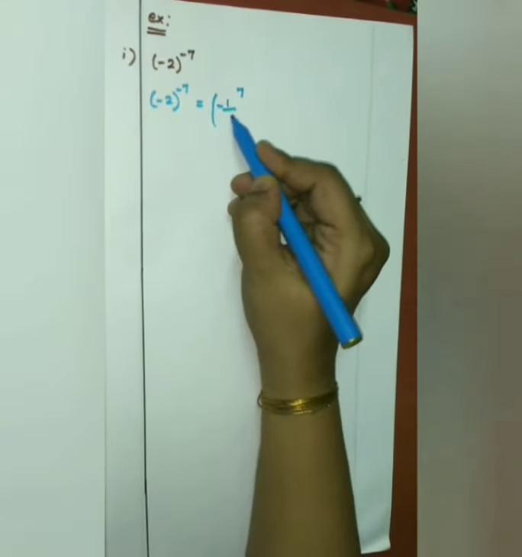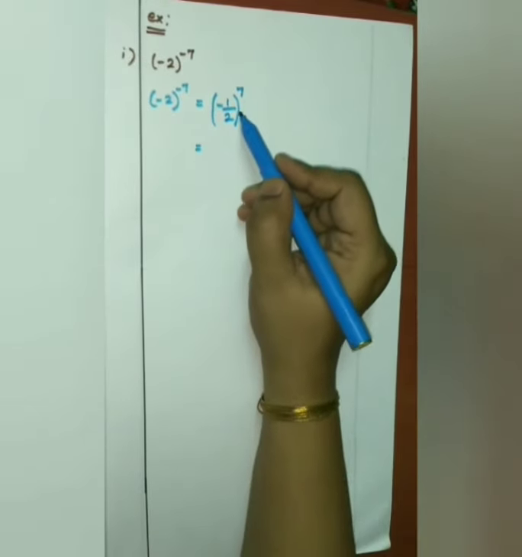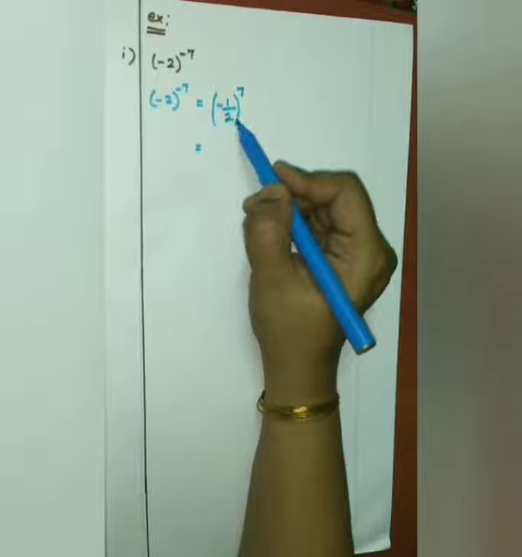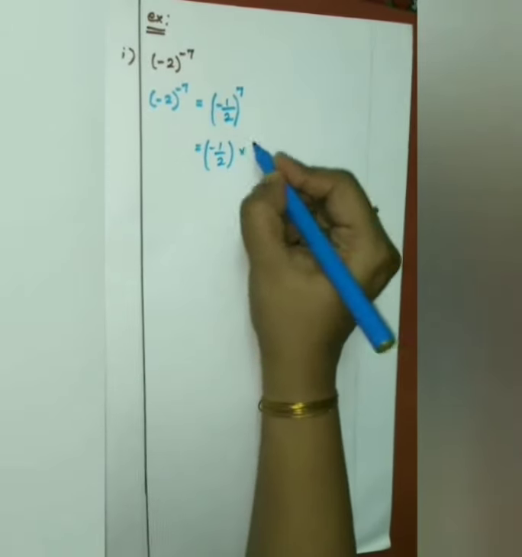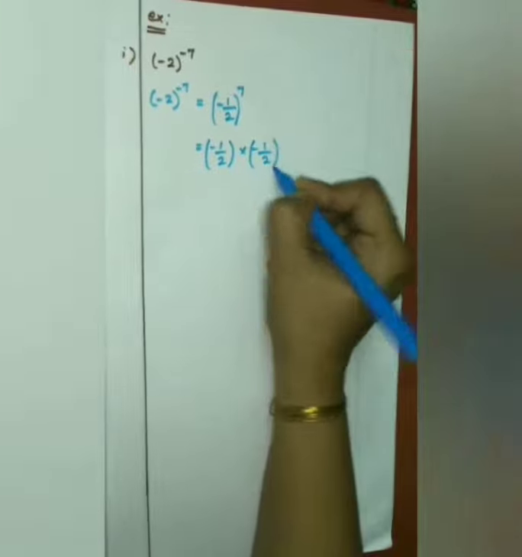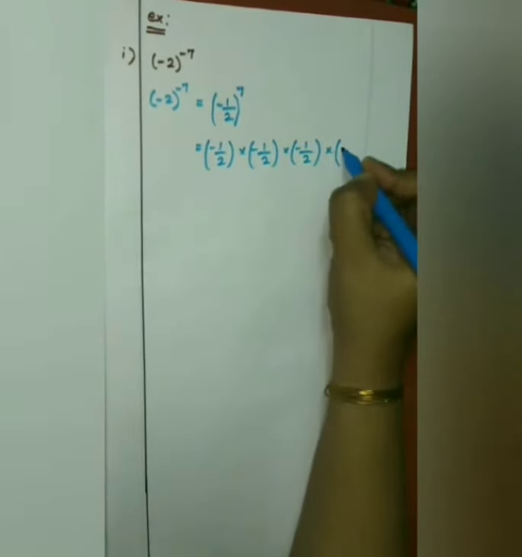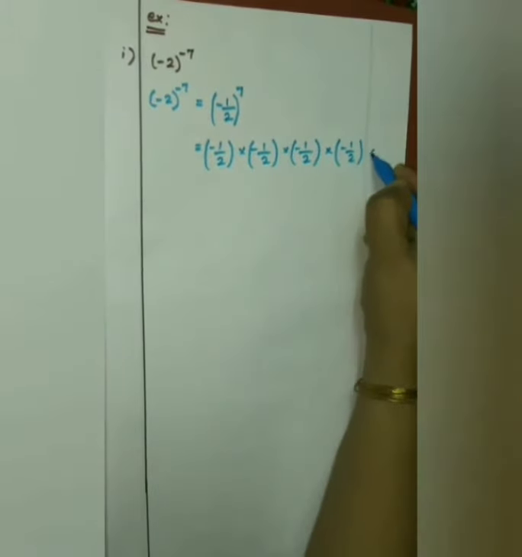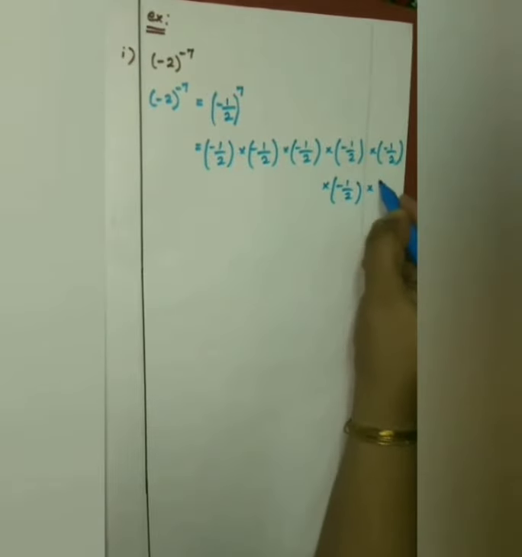Minus 1 by 2. To find the value, multiply minus 1 by 2, 7 times. Minus 1 by 2 into minus 1 by 2, and so on, 7 times.